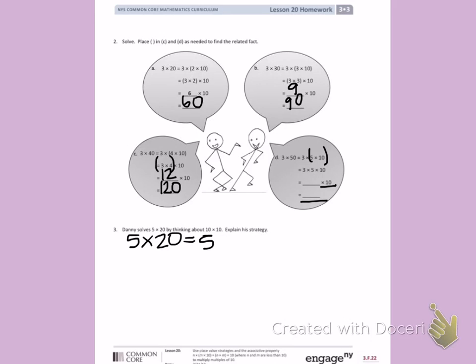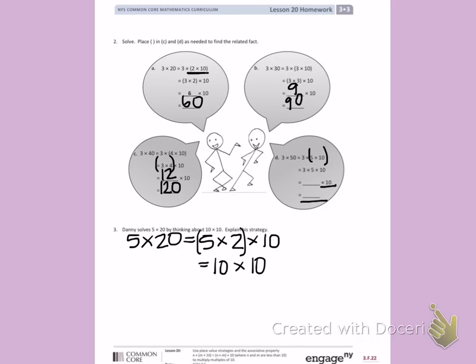So he has 5 times, and then he broke that 20 apart, just like they did up in letter A. So they broke that 20 apart into 5 times 2 times 10. Danny found the easier problem by multiplying 5 times 2 first, which gives him 10 times 10.